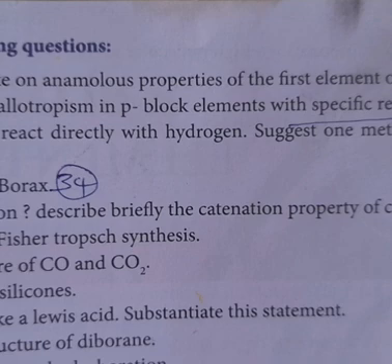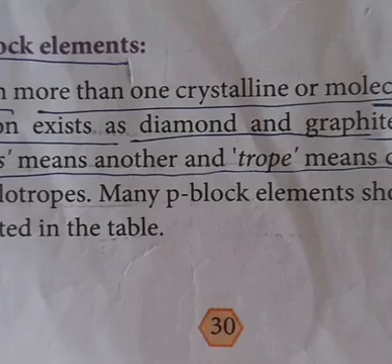Describe briefly allotropism in p block elements with specific reference to carbon. Page number 30, last paragraph, allotropism in p block elements. The first line: some elements exist in more than one crystalline or molecular form in the same physical state.